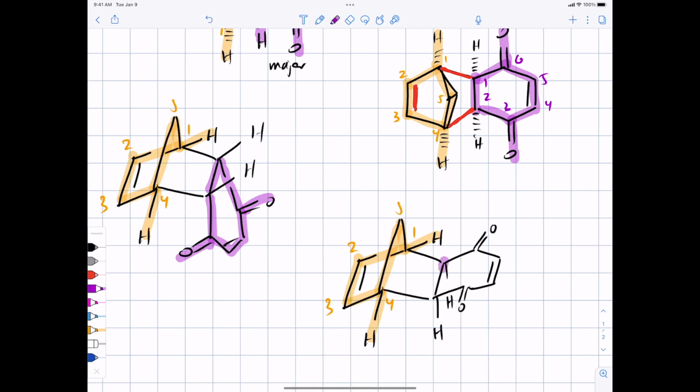Okay, so that's the other stereoisomer option.